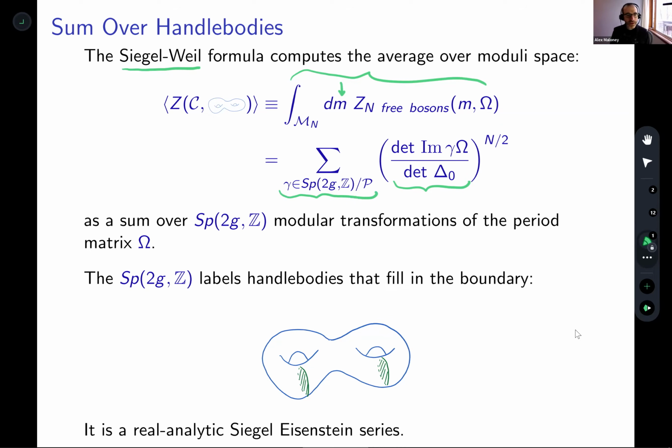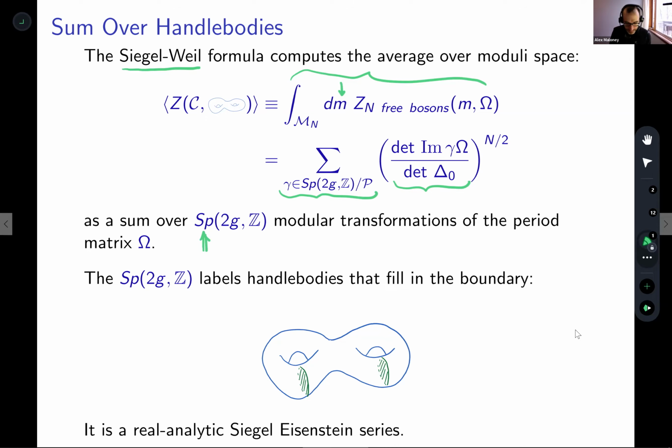Okay. So here, if you think of your boundary as a genus g surface, this modular group is just the group of large diffeomorphisms or large conformal transformations acting on your Riemann surface at the boundary. This is the set of large diffeomorphisms that permute the various boundary cycles of your boundary surface in a way that is consistent with the symplectic pairing between cycles.